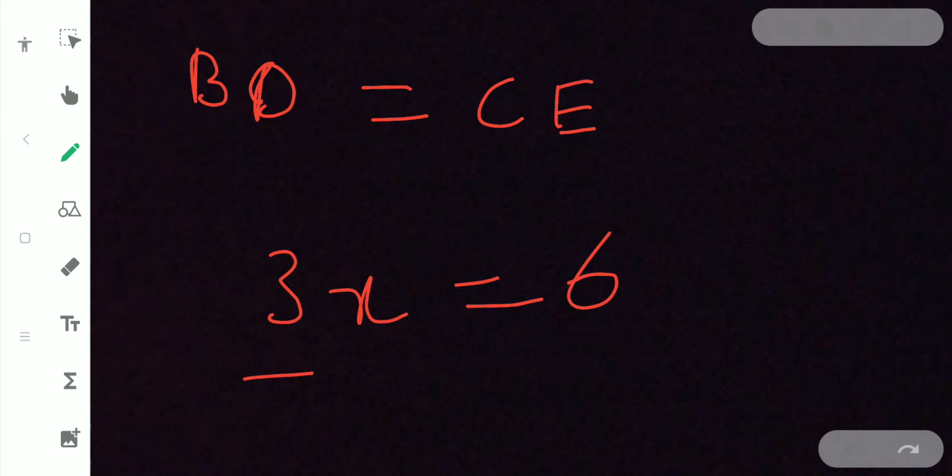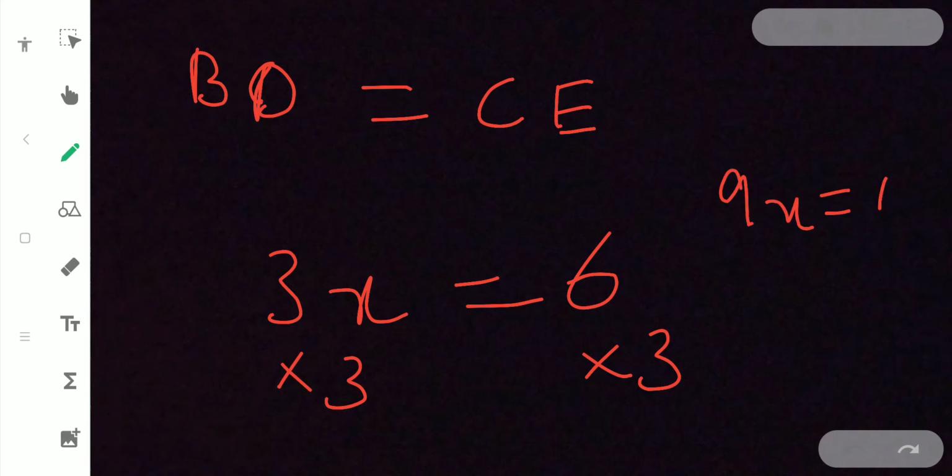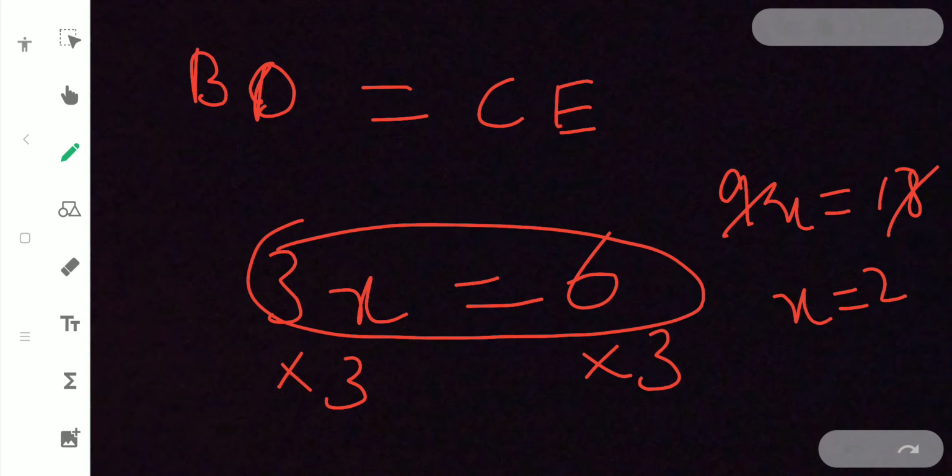I hope you know that whatever we do on the LHS, we can do on the RHS. For example, if 3x is equal to 6, and I multiply this with 3 and the RHS also with 3, LHS and RHS will both be multiplied by 3, so I will get the same value. This will be 9x equal to 18, and x will definitely be 2, and here also x will be definitely 2.